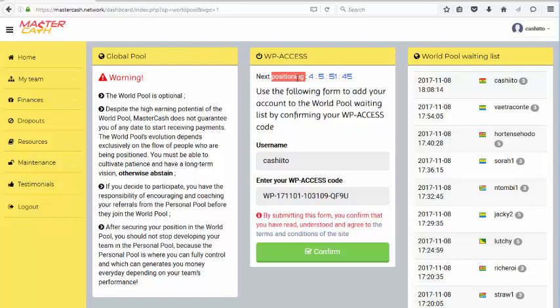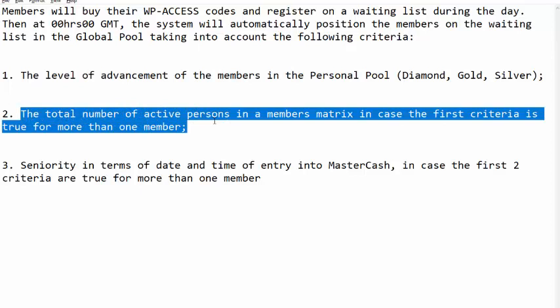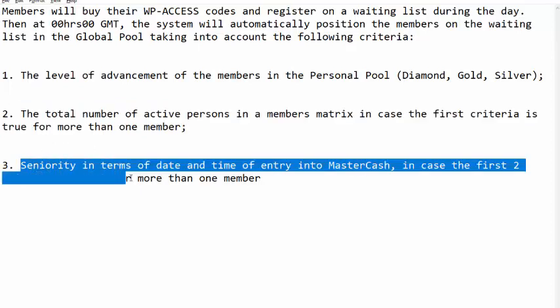So every day the system will pick the list of people who have submitted their coupon to enter the global pool and then move them into the pool based on the criteria I've shared with you. Be reminded again that the advancement is important, the total number of people you have is important, and your seniority is also important. These 3 make up the criteria to enter the global pool.